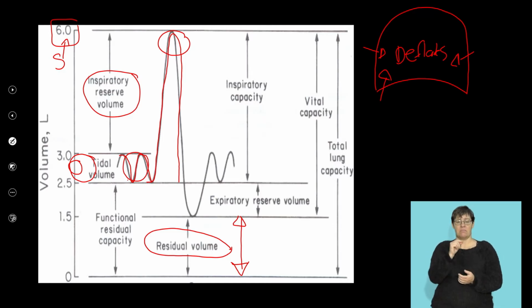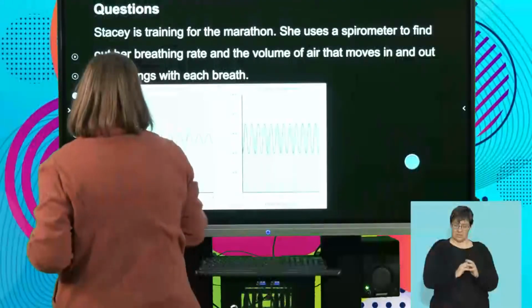It's called a pneumothorax. My lung collapses, and I'm not going to get the air in. I've got to try and get the air; my lungs need to inflate again. So remember, as I said, your lungs don't totally deflate and then inflate. There is this residual volume in the lungs all the time.